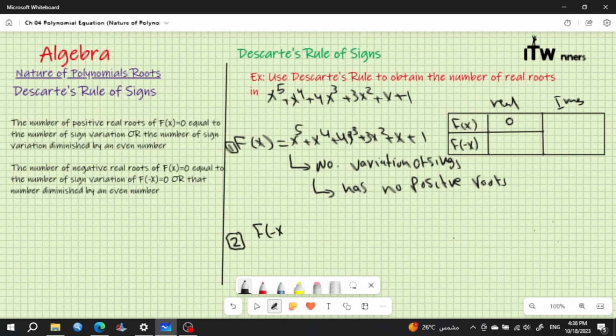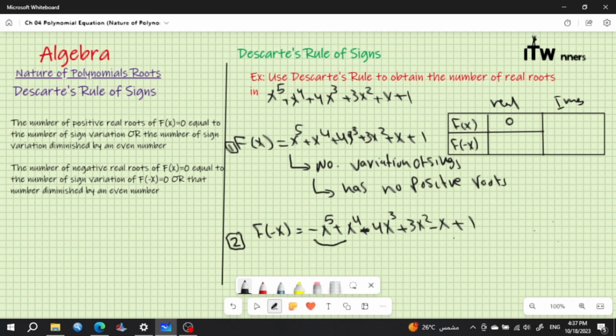F of negative x equal to negative x power 5 plus x power 4 minus 4x cubed plus 3x squared minus x plus 1.